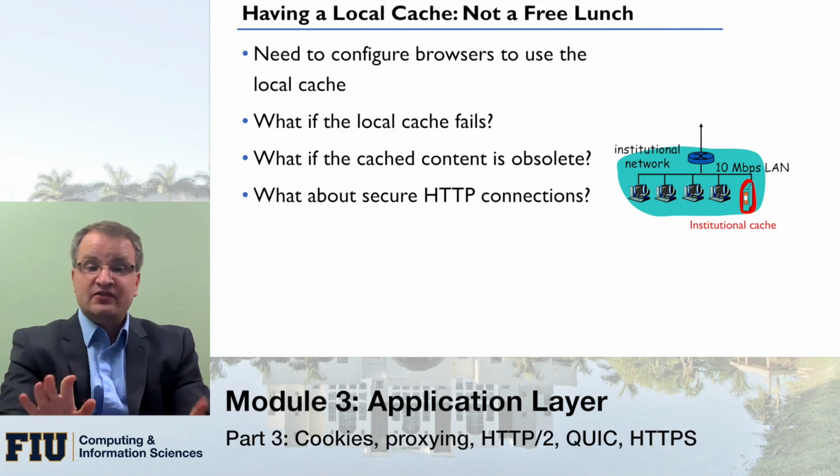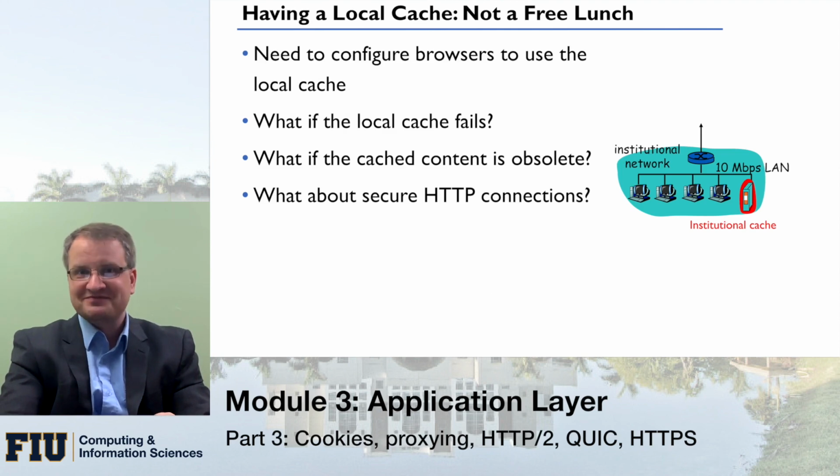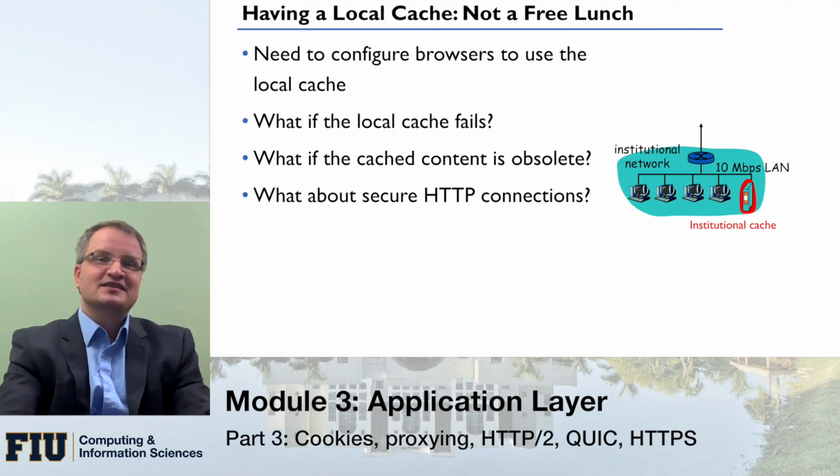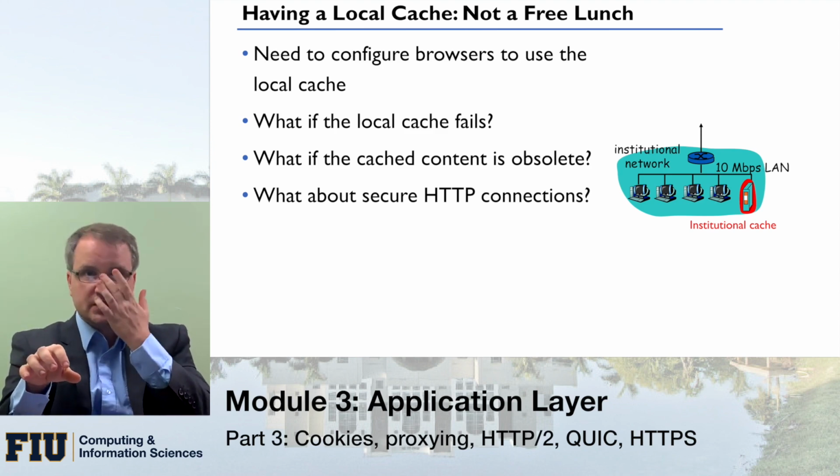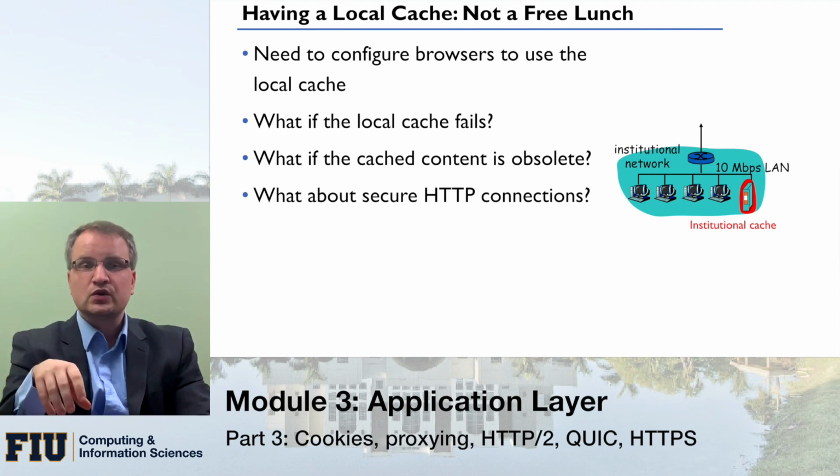But having a local cache is not free. For one, it needs to be configured. If it's not just inside the browser cache, and you want to have a cache configured from a local server, it needs to be configured in the system.